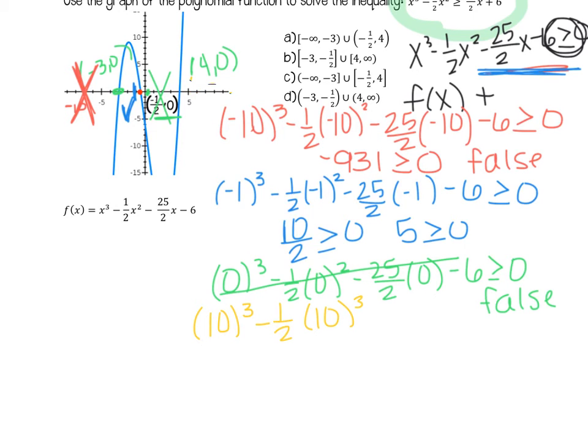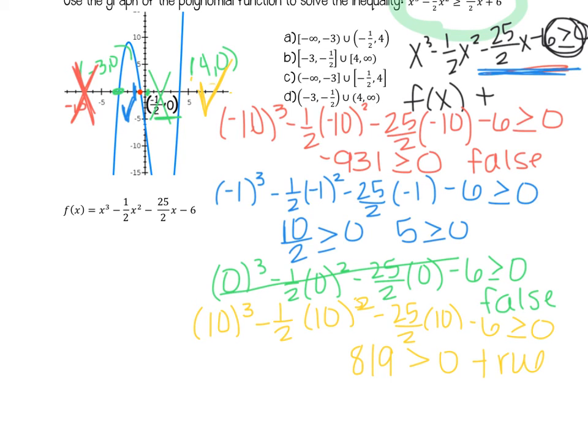Oh, I'm sorry, that should be a 2. Minus 25 over 2 times 10 minus 6 is greater than or equal to 0. Again, I'm going to plug all of this in, and I'm going to get 819 is greater than 0, and that is a true statement. So I know that I'm going to lie in this region right here.